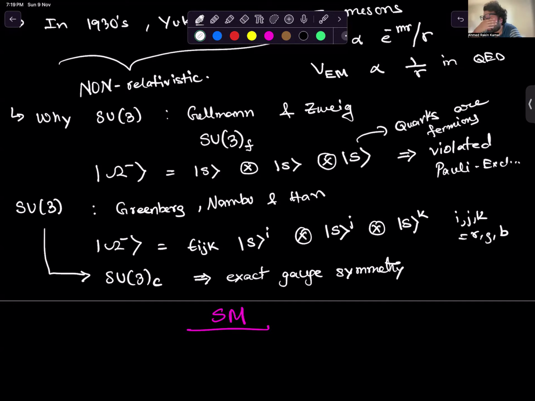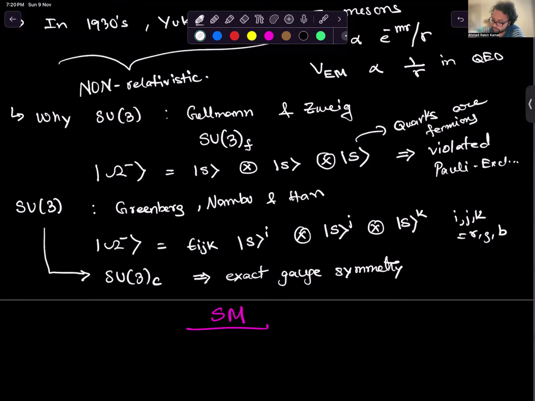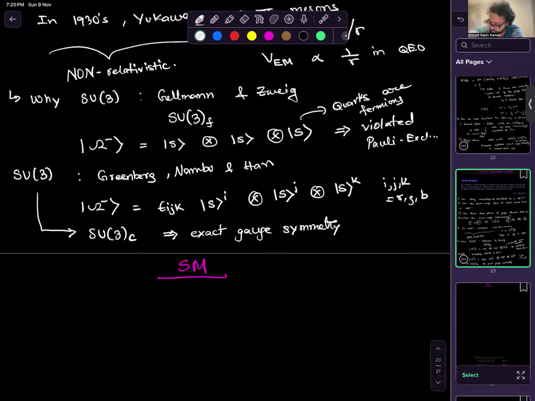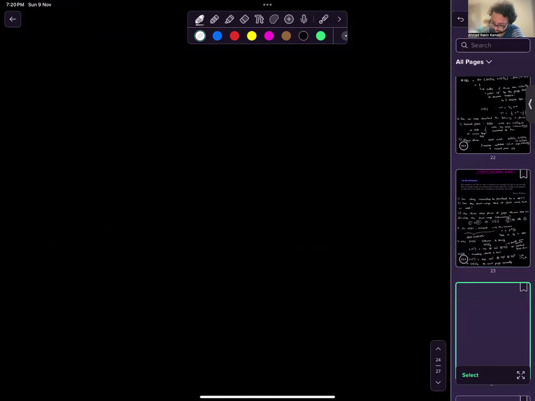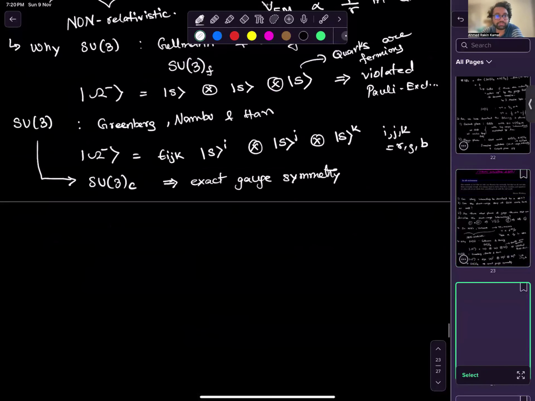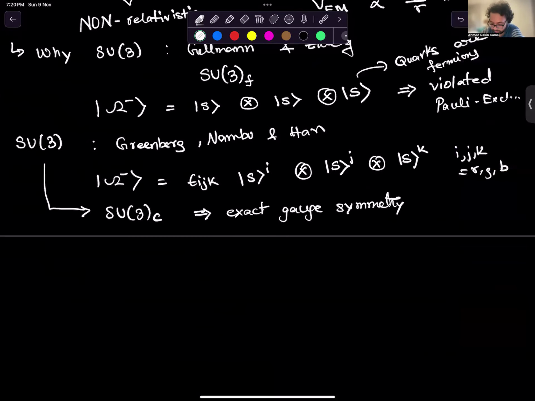When we were studying Yang-Mills, it could be an SU(N) gauge theory; for this specific case, N is 3. And various experimental support was gained in favor of the SU3 color idea.